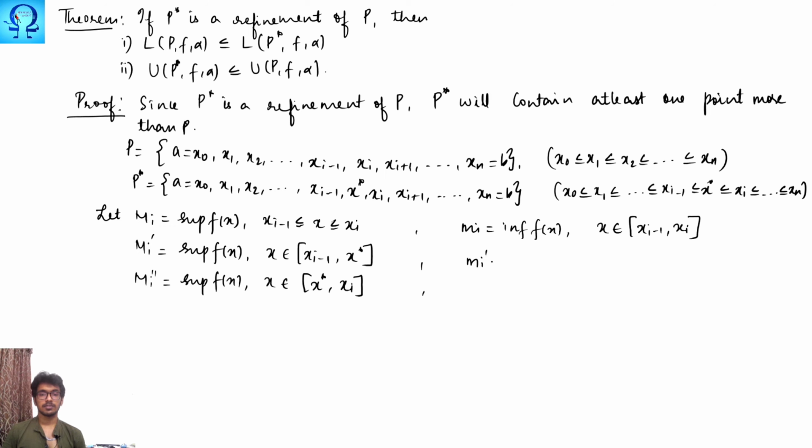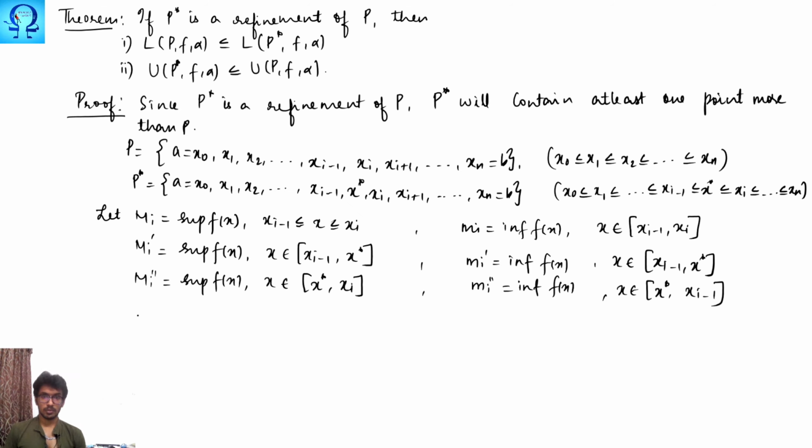As we did for the supremum case, for the infimum case we will take mi prime and mi double prime to denote the infimum of f of x over the respective intervals, that is x(i minus 1) comma x star and x star comma xi.